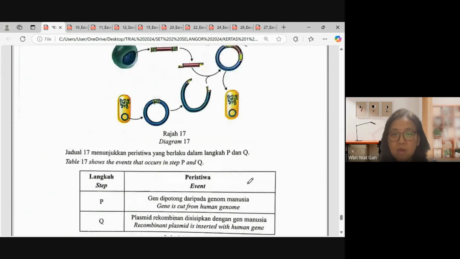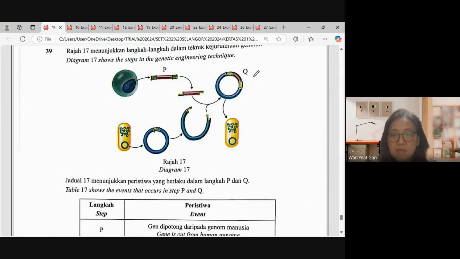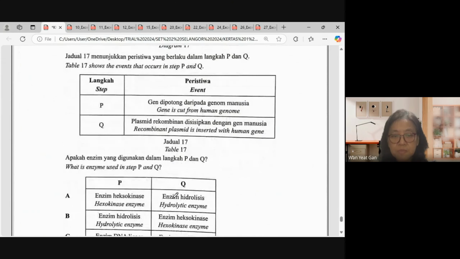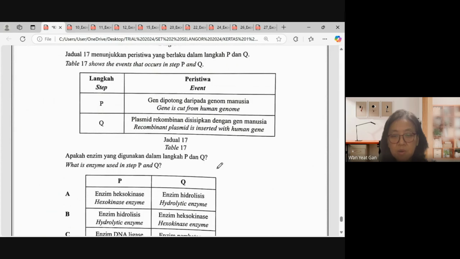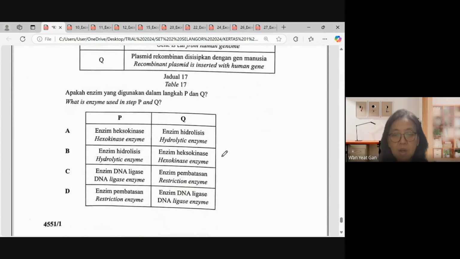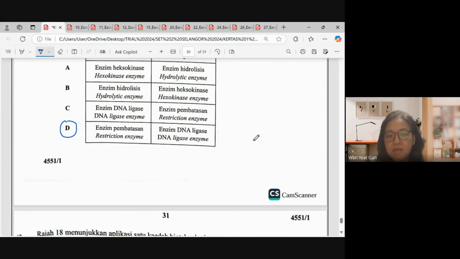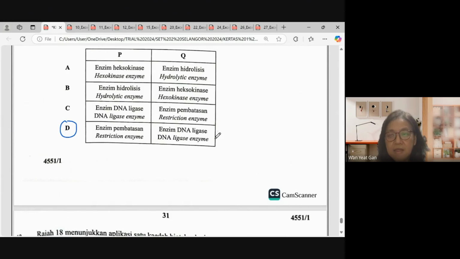You can see that after cutting, the gene is inserted into the plasmid during step Q. What are the enzymes used in step P and step Q? The enzyme for cutting the required gene is restriction enzyme, and to insert the gene, DNA ligase enzyme is used. So the answer is D.